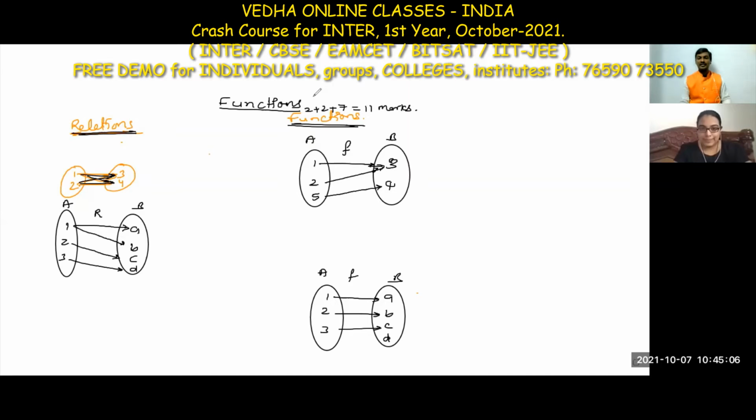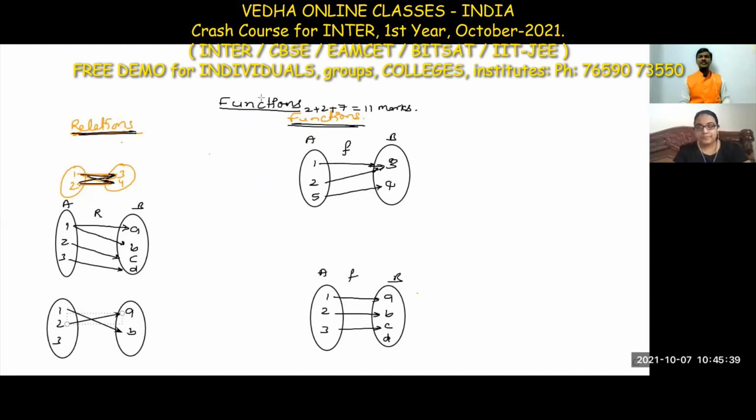But if you leave an element in the first set, it is not a function, just a relation. Taking 1, 2, 3 here and A and B here, I am mapping 1 to B and 2 to A, and I left one element here.